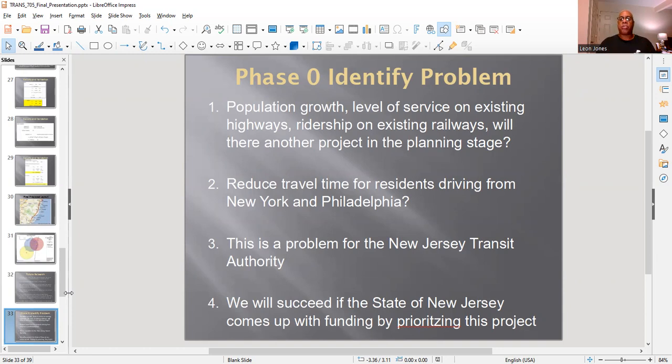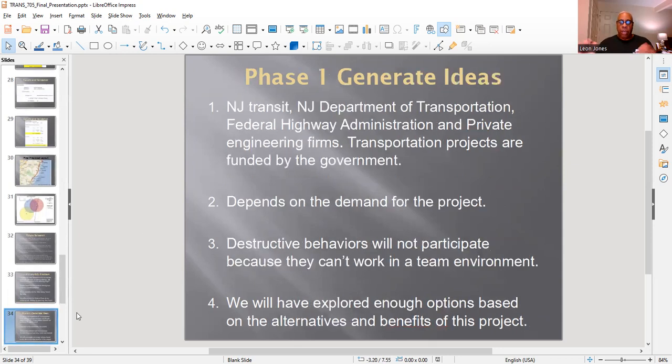In order for this project to succeed at phase 0, New Jersey has to come up with the money along with other municipalities. That's phase 0. Phase 1 deals with the government, Federal Highway Administration, private engineering firms. One must understand that all transportation projects are funded by the government.